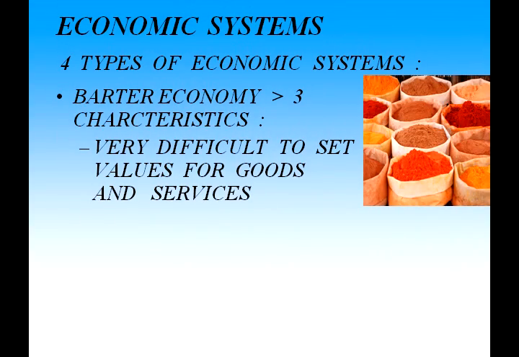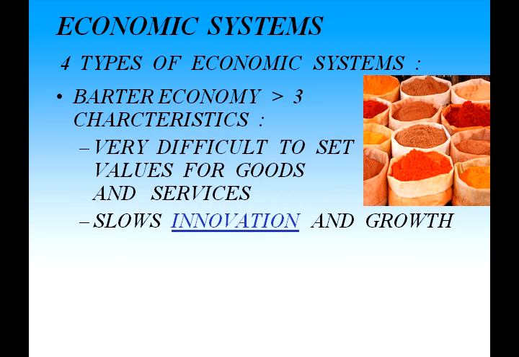The second characteristic of a barter economy is that it's very difficult to set values for the goods and services that are traded. And this makes it very difficult to exchange the goods and services, and it really slows business down. Because of that, it brings up the third characteristic of the barter economy.